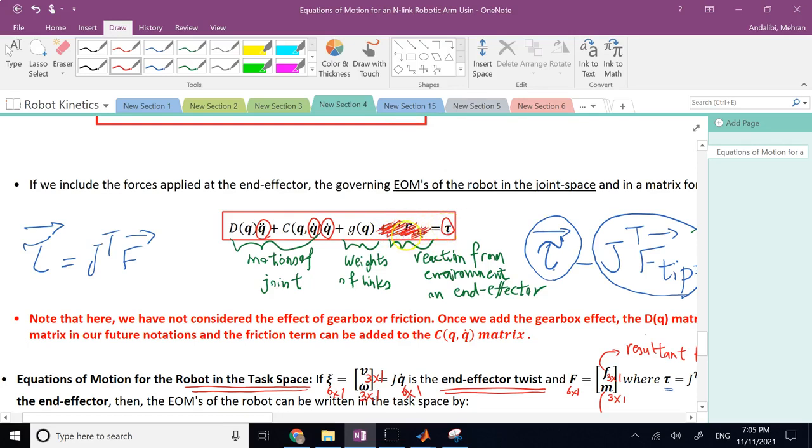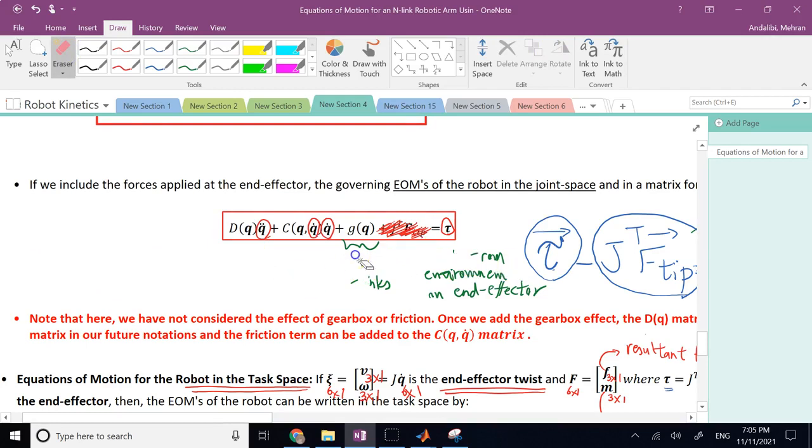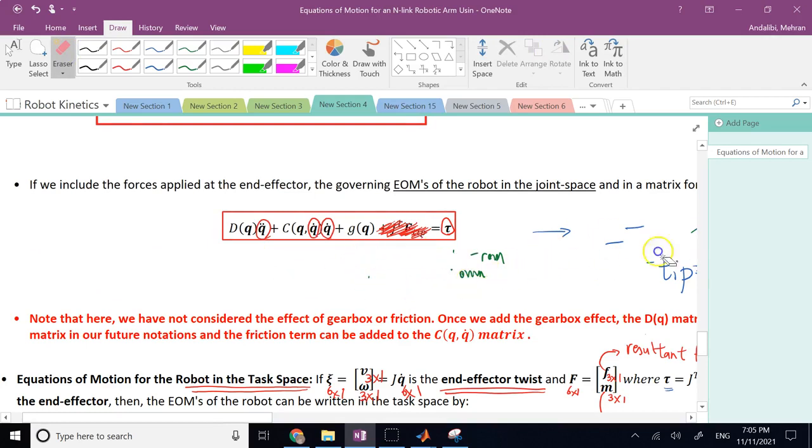But even if it exists, all we need to do, as we'll see, is to add the F of tip to what we will get. So it's not really a huge modification.